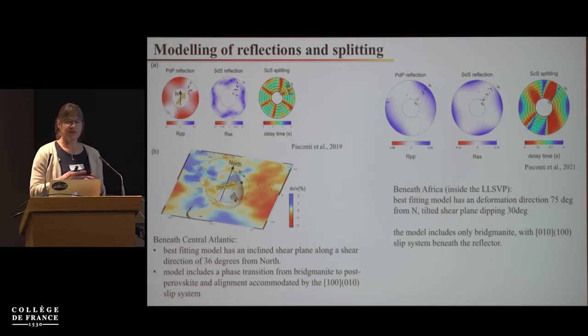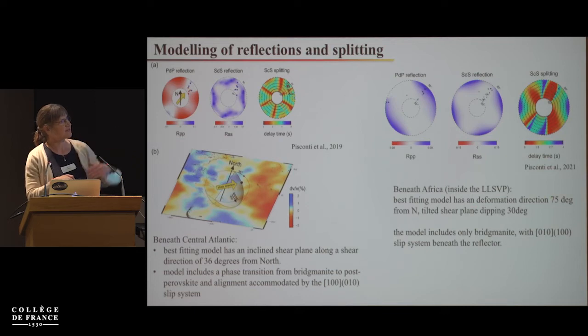If we then do this for the other regions in the Atlantic and the LLSVP, we try to fit those together and separately to see which one fits best. And we find that inside the LLSVP, for example, we need bridgmanite with the slip system that we tried. And it had to be rotated as well, so rotated 75 degrees from north and tilted 30 degrees.